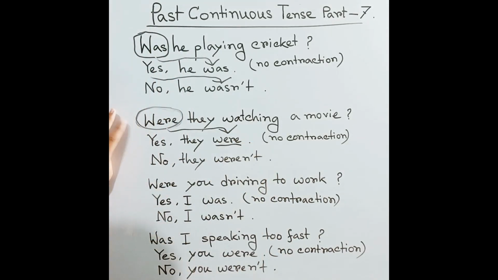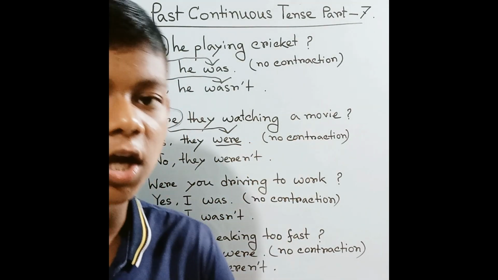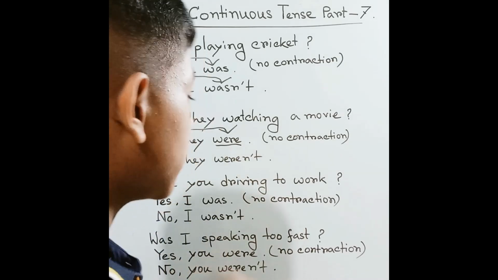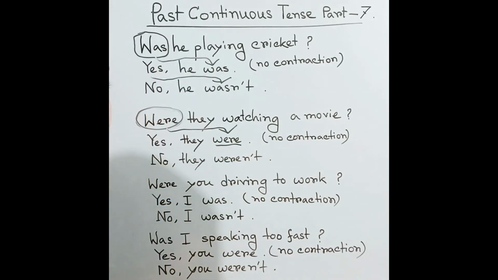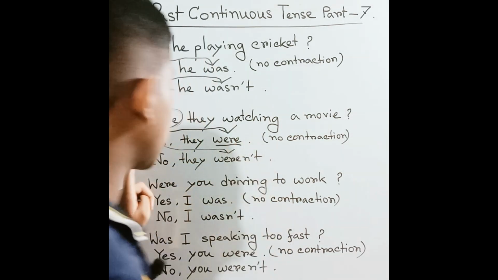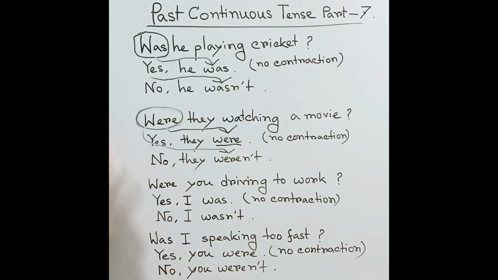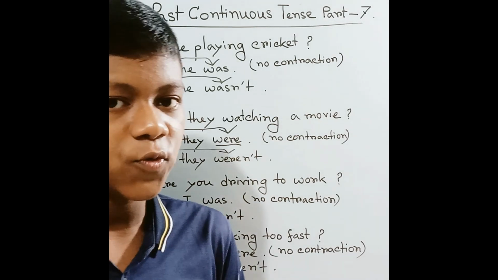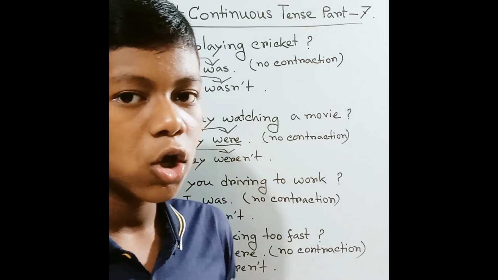Because the question starts with were, and there isn't any contraction in the positive. But in the negative, the answer will be: no, they weren't. So, were they watching a movie? Yes, they were. No, they weren't.